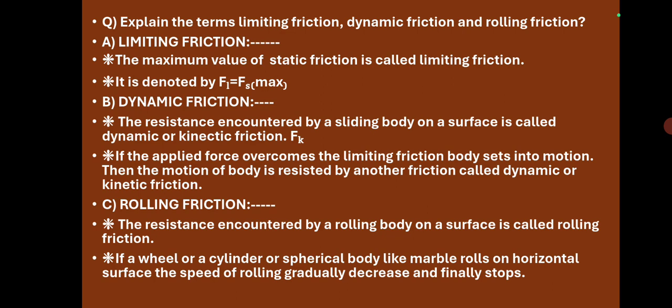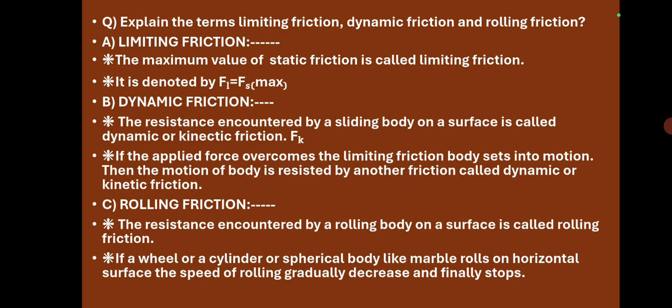Now here, when you see rotating bodies such as a marble, you throw the marble on any slant surface, it just rotates, it moves, and immediately after some time it stops. Why? A kind of friction is created between the rotating body and the ground. So this resistance encountered by the rolling body on the surface, we call rolling friction.